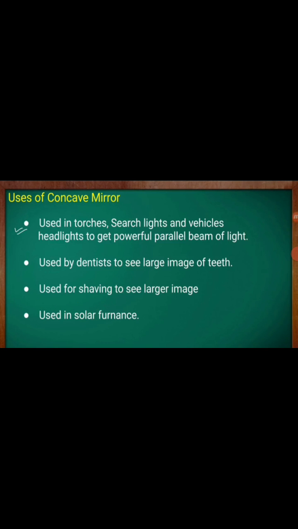Dentists usually use a concave mirror to see the large image of the teeth, and also in salons for shaving they usually use this concave mirror. And also a solar furnace uses solar energy, isn't it? So it needs to converge the light rays, therefore they use a concave mirror, which is also called a converging mirror.